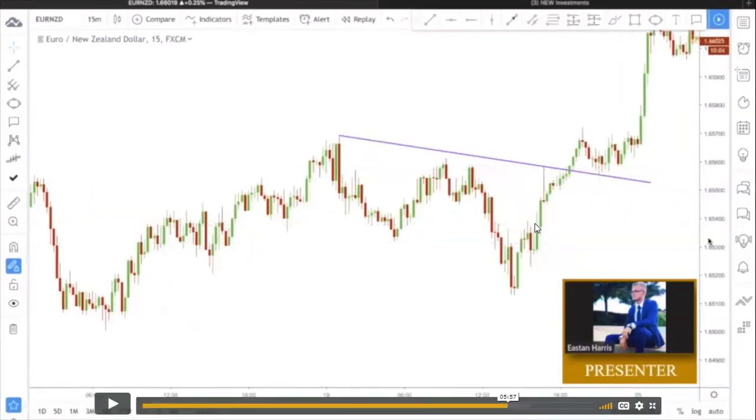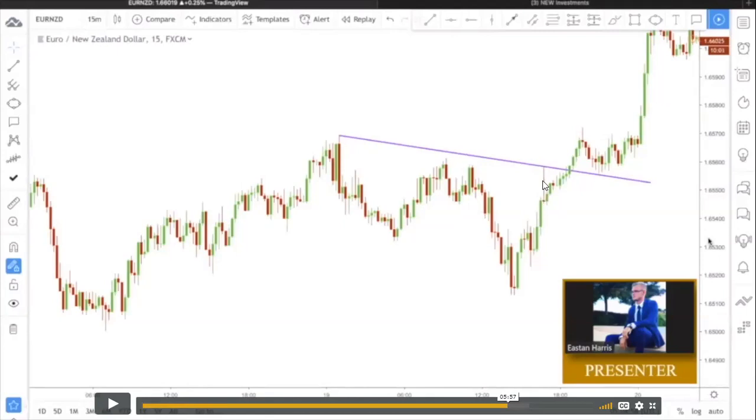You see how he moved that trend line? He already had it drawn, right? But he's doing this as an example. Let's just say we were doing this live, and price was back here.